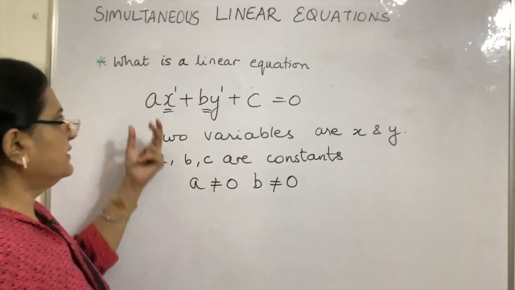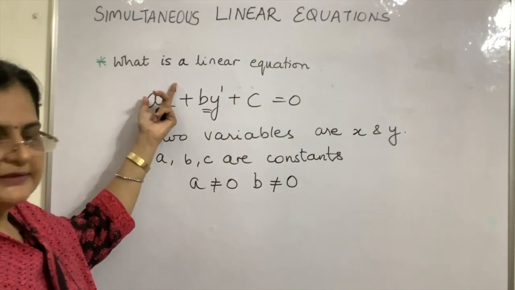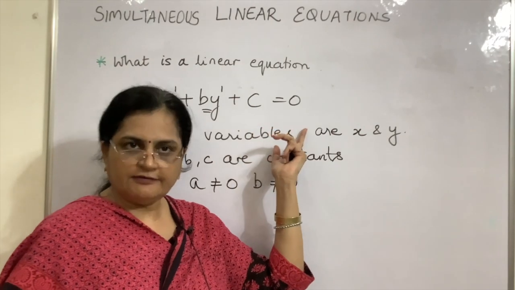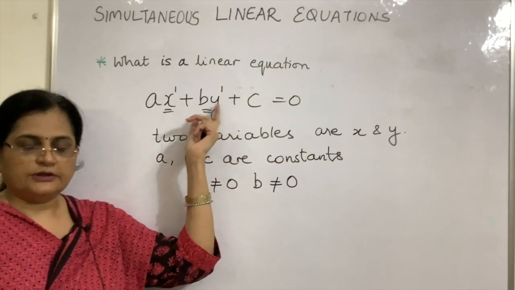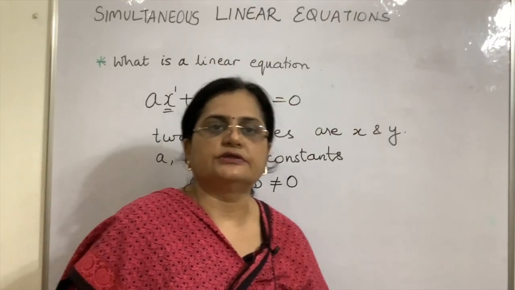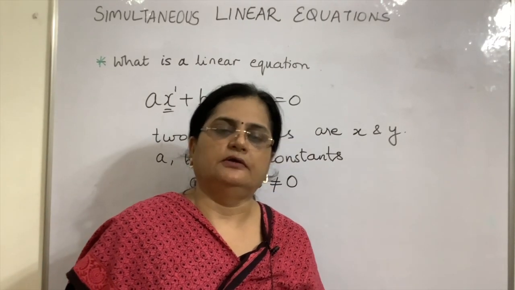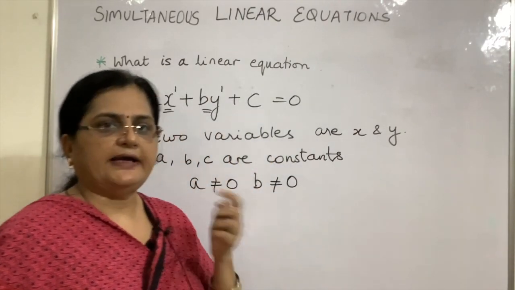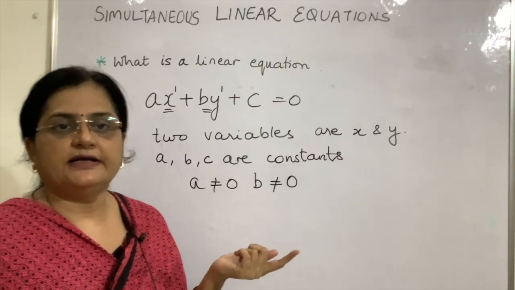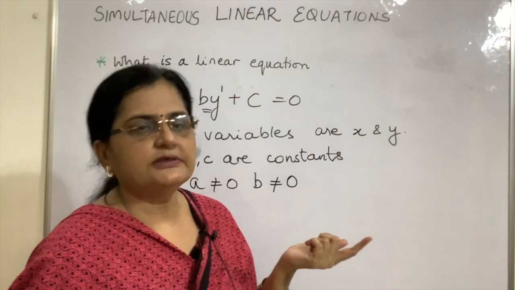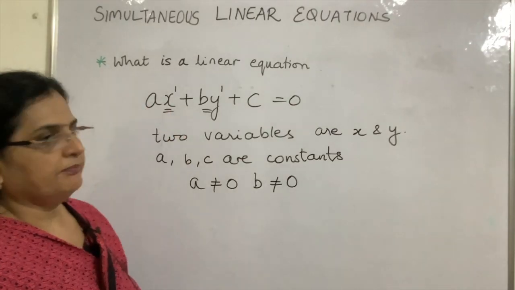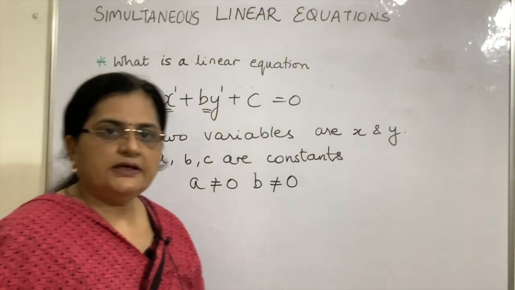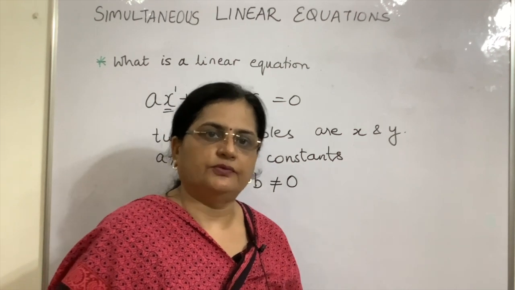Because if a becomes equal to 0, then this becomes an equation in one variable. The same thing happens when b becomes equal to 0. This becomes a linear equation in one variable. So we have to keep in mind, in order to identify a linear equation in two variables, it should be of the form ax plus by plus c is equal to 0.